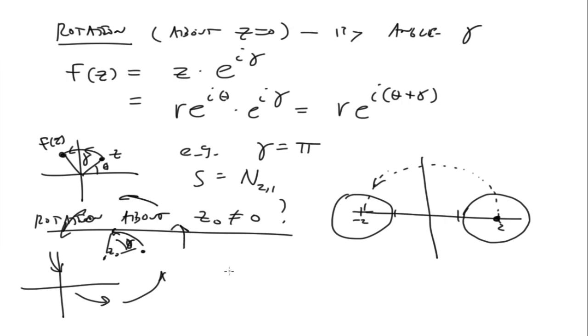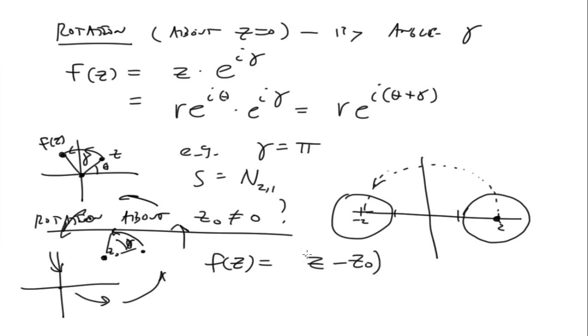So let's see if we can write such a function. f of z is equal to z, but I want to do something to z. I want to rotate it, but first I have to take anything relative to that point. z naught itself is the only point that nothing happens to, just like with the rotation in the plane, where 0 is the point that doesn't actually rotate. So what we need to do is subtract z naught, and that essentially moves everything in the plane, a translation down to 0.